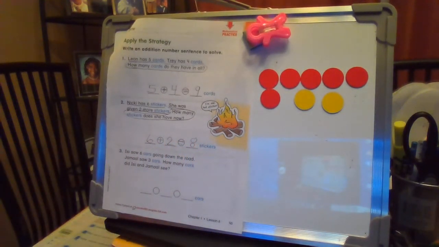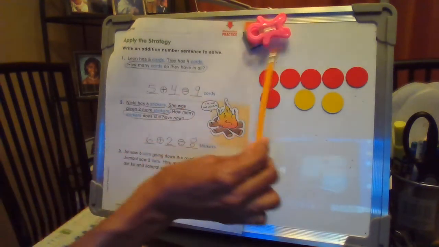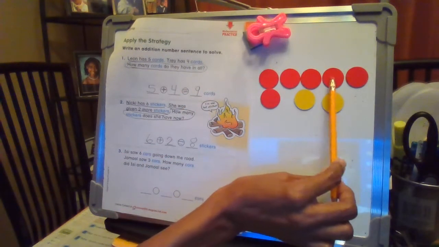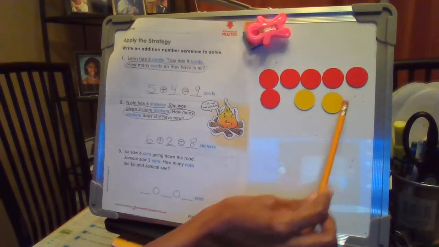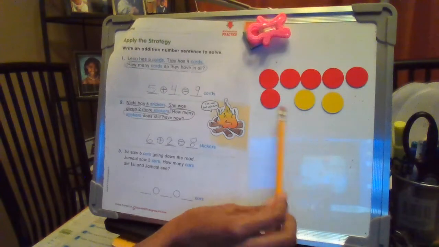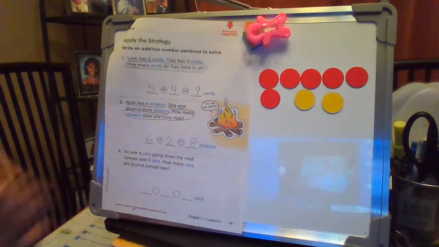That's how many she has now. Okay, is it reasonable? Yes. Explain why. Because I started off with 6 stickers. I was given 2 more. And when I join them and count them, I come up with 8.